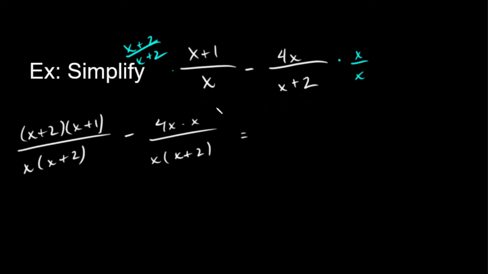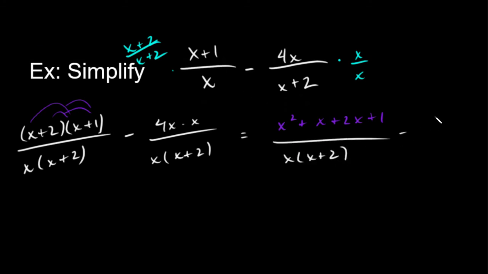I'm going to go ahead and FOIL, distribute, distribute, distribute, distribute, and I'd get x squared plus x plus 2x plus 1. And then I'll go ahead and keep this separate for now. And this will be 4x squared.